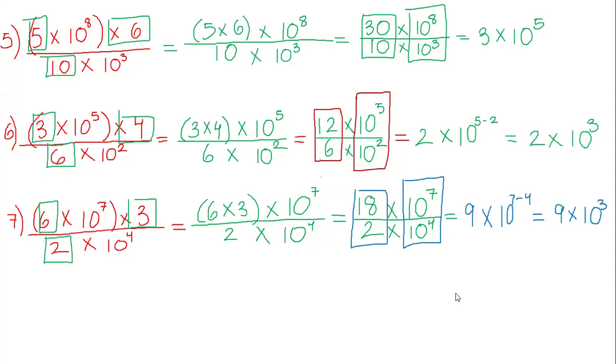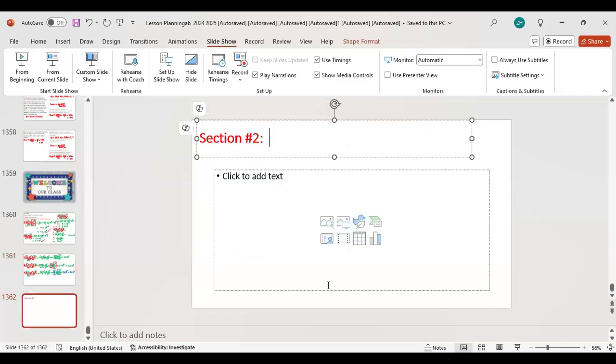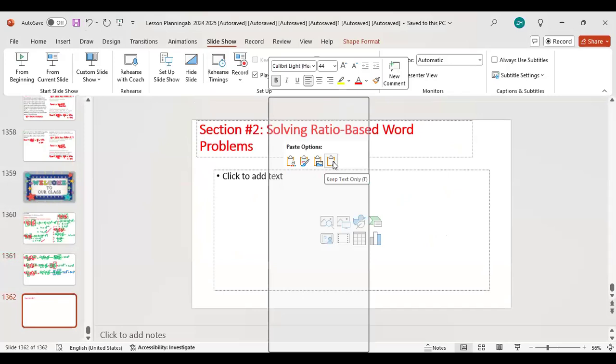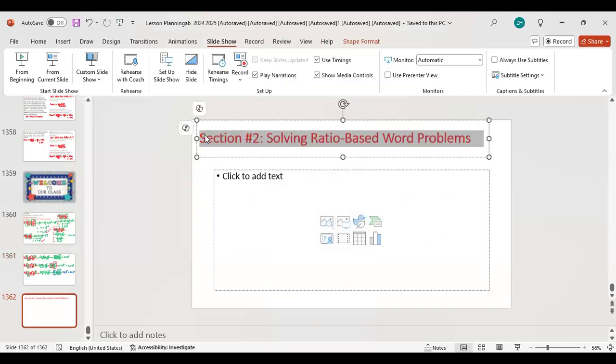All right, let's go ahead and move on to the next section. Like we said, the next section is not hard. The next section is solving ratio-based word problems.